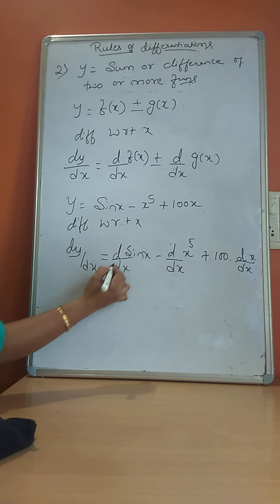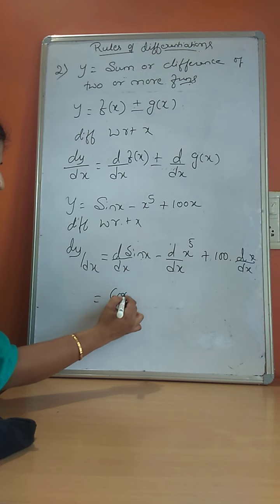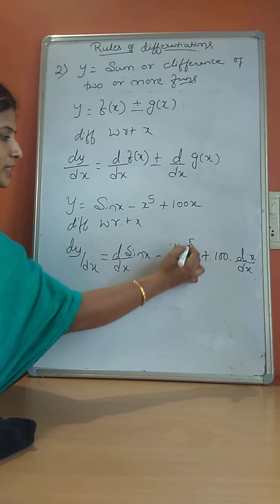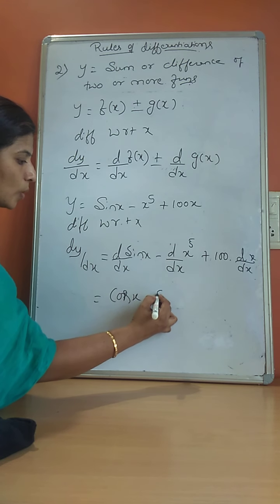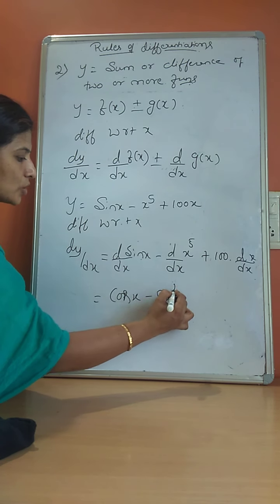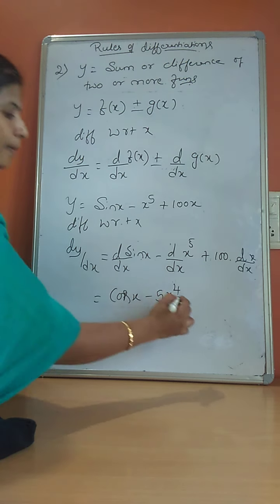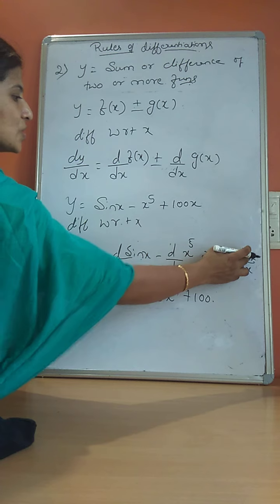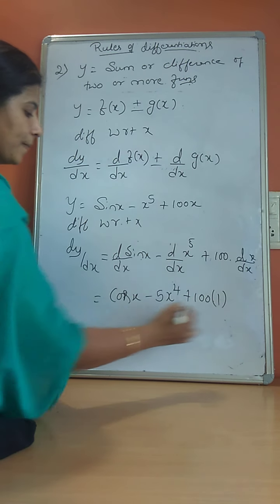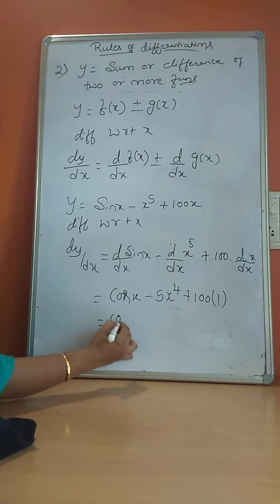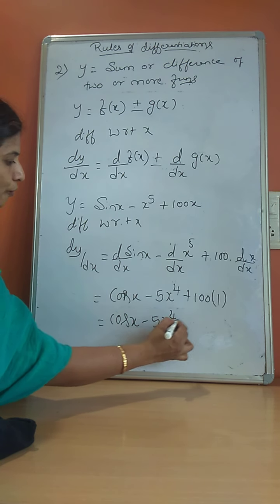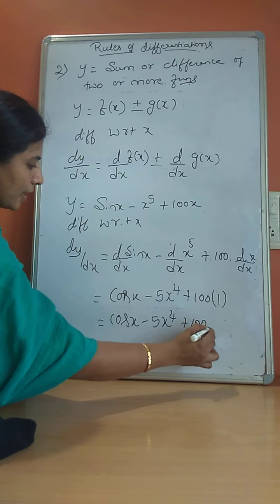Differentiation of x to the power of 5 is 5 into x to the power of 4, plus 100 as it is, differentiation of x is 1. That is, we get cos x minus 5x to the power of 4 plus 100.